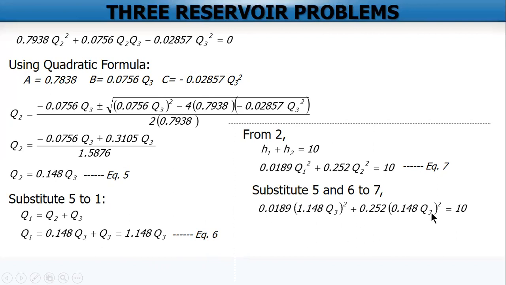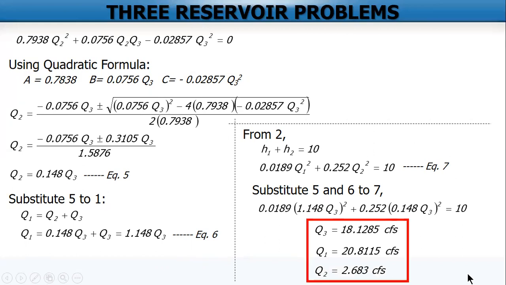And then, using your calculator, shift solve na kay Q3. And after this Q3, substitute nimo dire sa 6 na kay Q1. And then Q3 substitute sa equation 5, we also have Q2. So, mao ni ang flow rate sa tulo ka pipes.